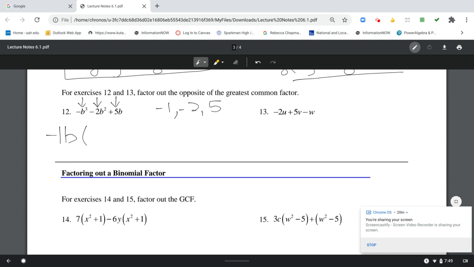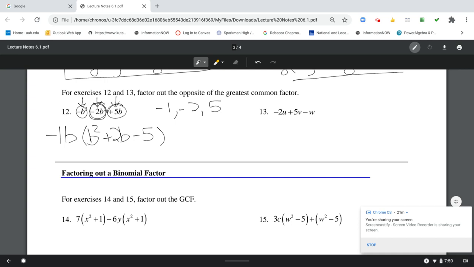So now it's a matter of changing my signs and subtracting my exponents. A negative divided by a negative is a positive. Subtract your exponents. A negative divided by a negative is a positive. Subtract your exponent. And a positive divided by a negative becomes a negative, and subtract your exponents.